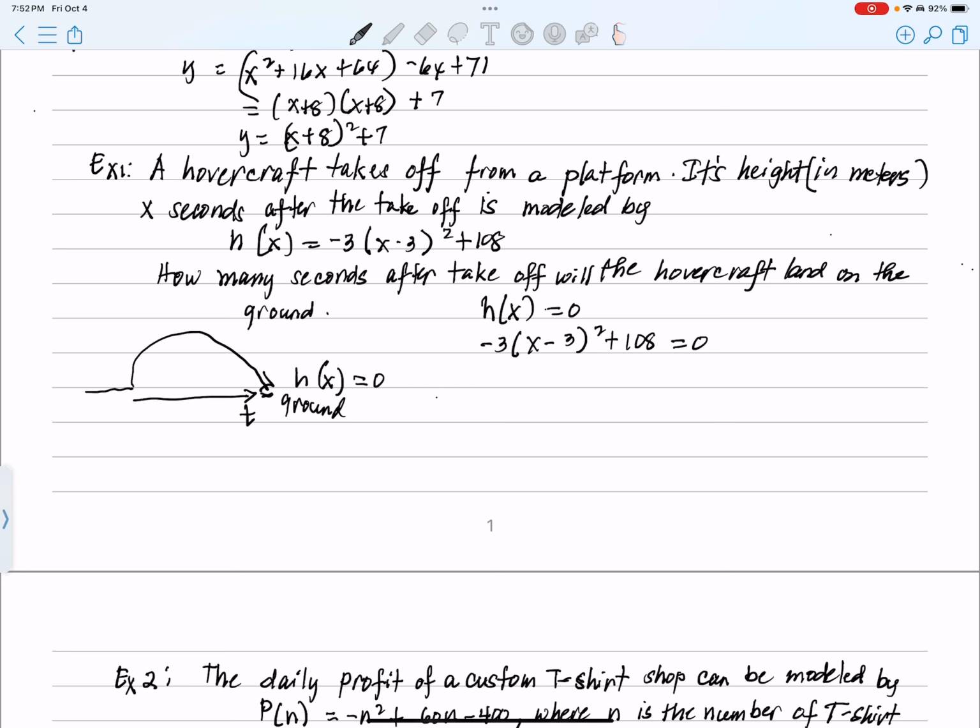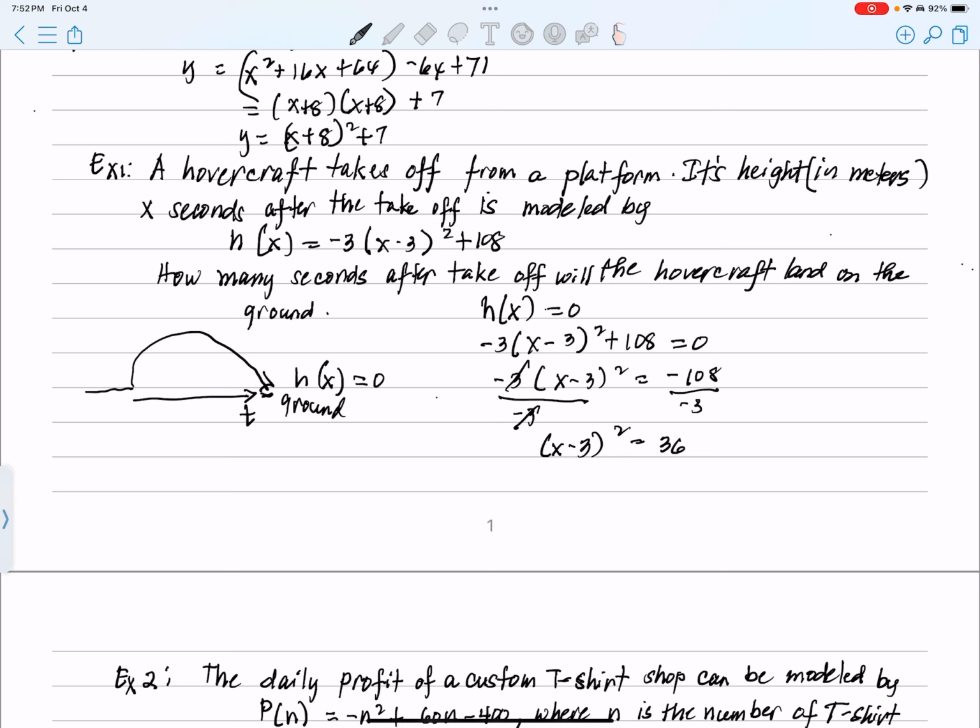Let's move the 108 to the right. So moving to the right, that will become a negative. Let's take out negative 3 by dividing negative 3 on both sides. So we have now (x minus 3) squared equals 108 divided by 3, that is positive 36.